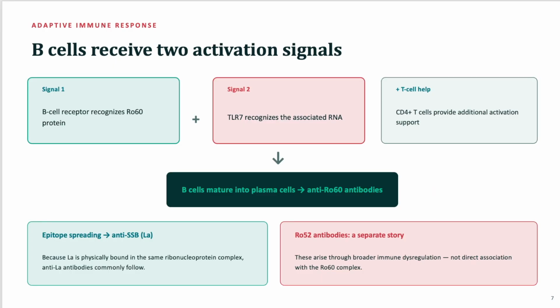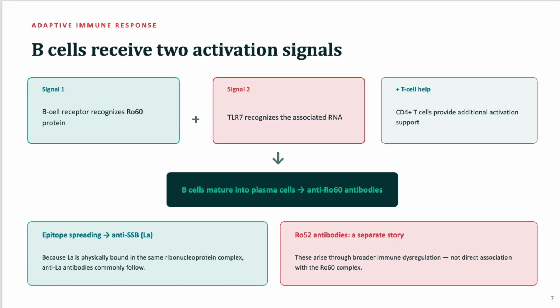Now, autoreactive B cells recognize the Ro60 through the B cell receptor. They internalize the entire Ro60 complex and receive two powerful activation signals, one from the B cell receptor recognizing Ro60 protein and another from the TLR7 recognizing the associated RNA. Now, with additional T cell help, the B cells then mature to plasma cells that produce the anti-Ro60 antibodies.